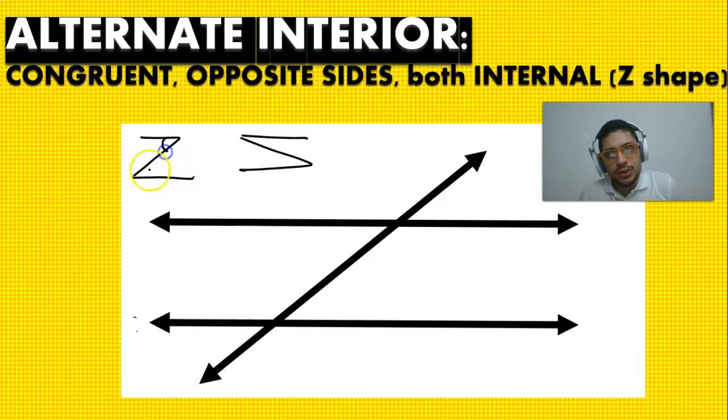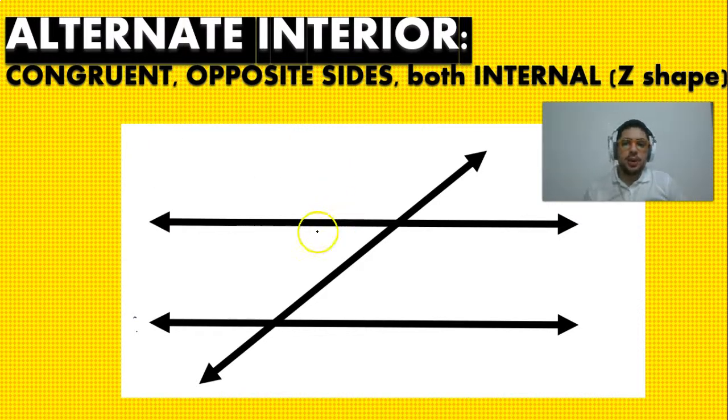So we're referring to either these two angles or these two angles, which you can see here. Again, they are going to be congruent and they are going to be on opposite sides.